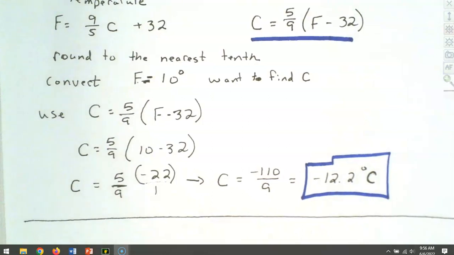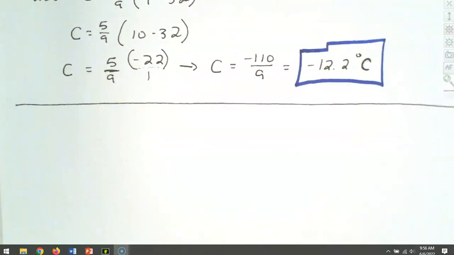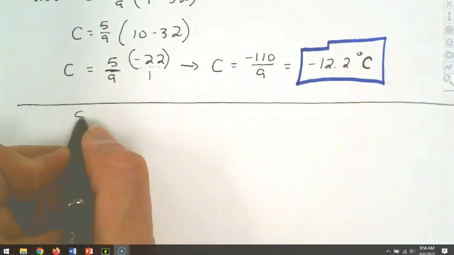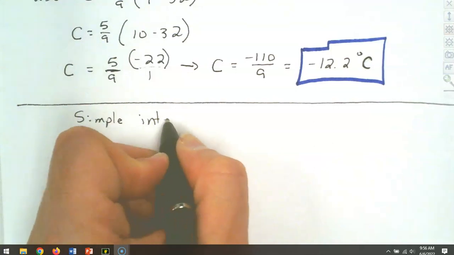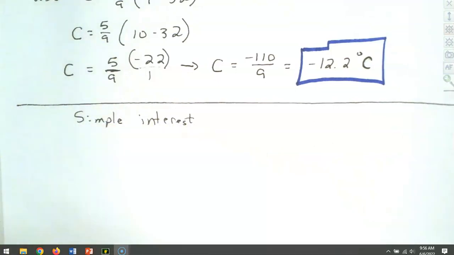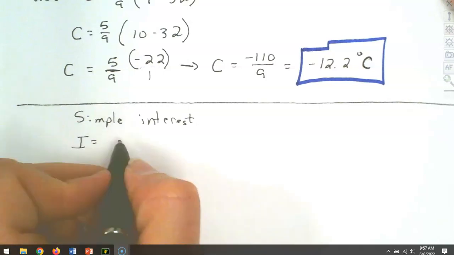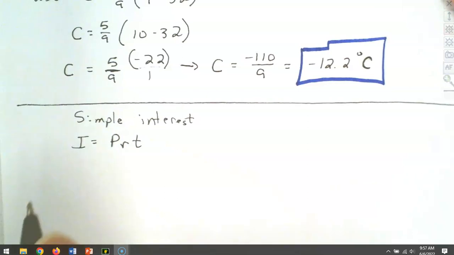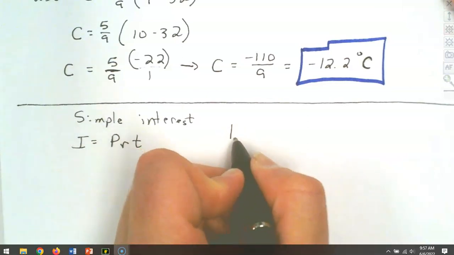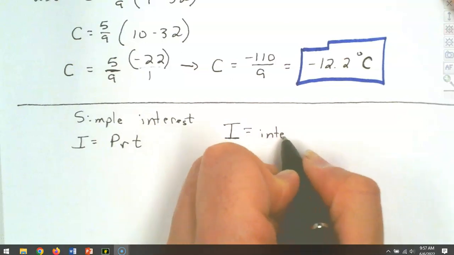Next, we're going to talk about simple interest. And simple interest is I equals P R T. And let's identify what those pieces actually mean. So I is the interest earned.